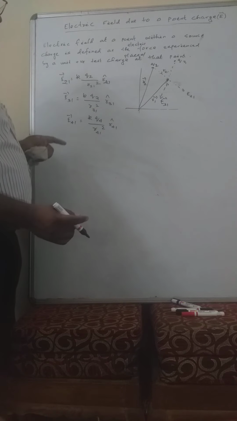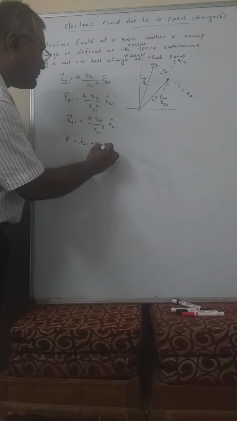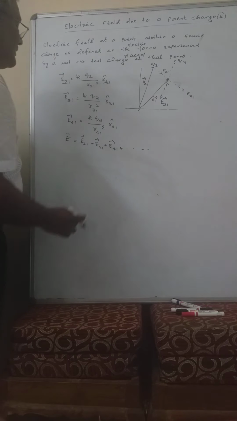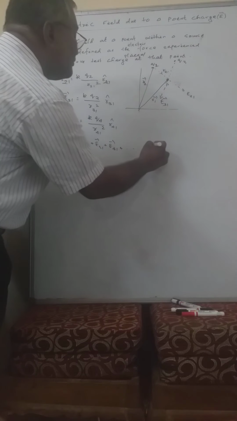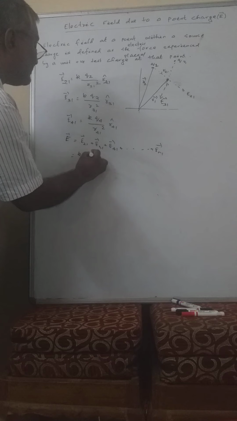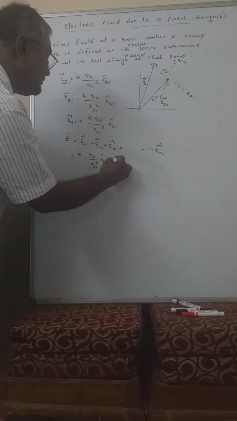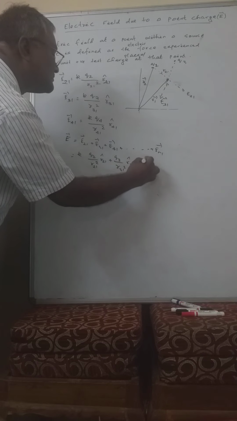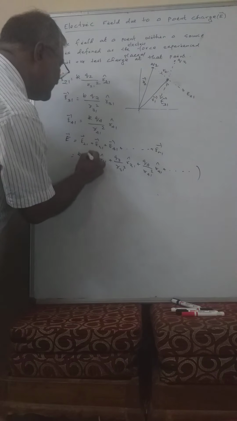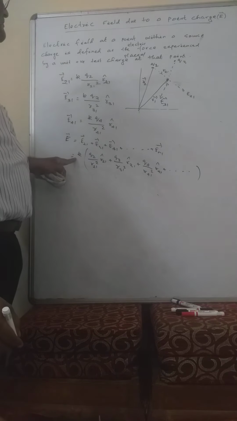So the net field, the electric field due to all the system of charges, will be E is equal to E21 plus E31 plus E41 plus so on. So net field at point P due to Q2, Q3, Q4, Qn will be En1 is equal to, taking K common, Q2 by r21 square into r21 cap plus Q3 by r31 square into r31 cap plus Q4 by r41 square into r41 cap and so on, where K is equal to 1 by 4 pi epsilon naught, and epsilon naught, you have learnt, is the permittivity of vacuum or free space or air.